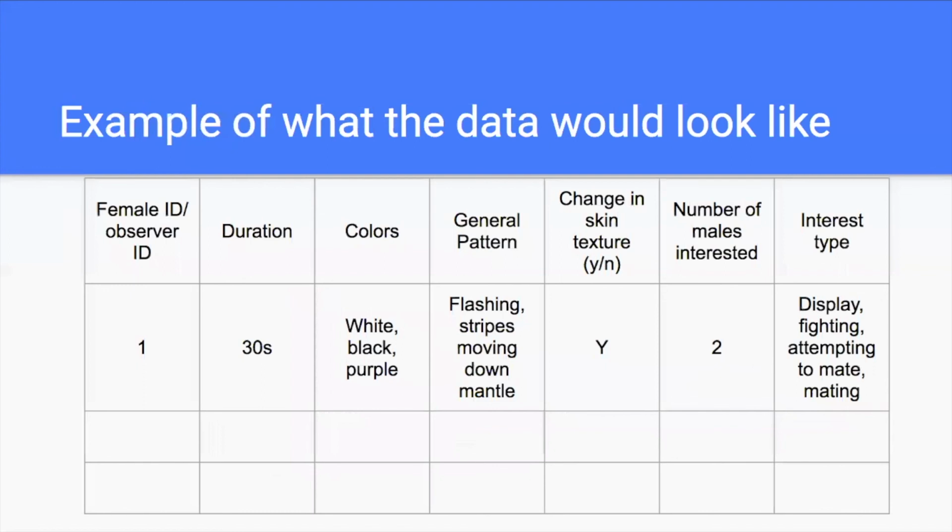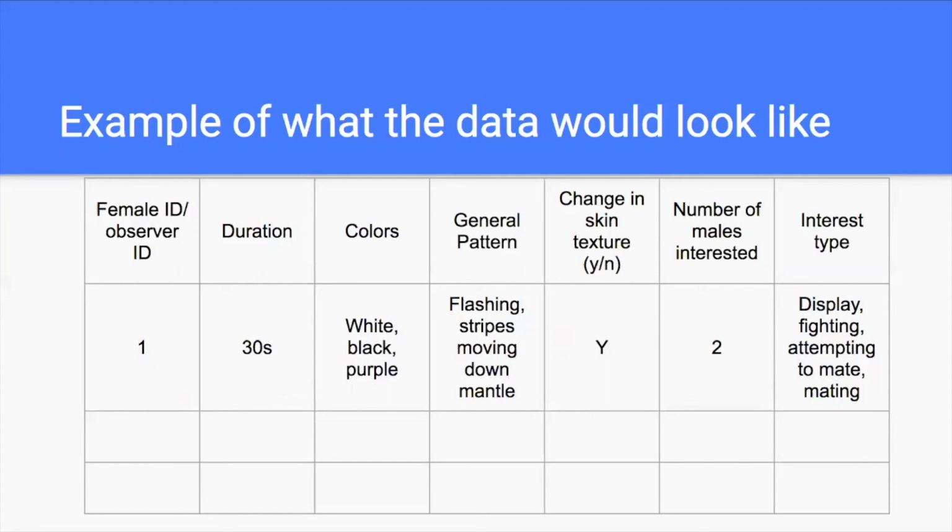An example of what the data would look like, I'd have the female ID, some way to identify which female it was, and I'd probably use the observer ID, whether it's a number or a letter. And then we'd have the duration of the display, as well as what colors were seen during the display and the general pattern.